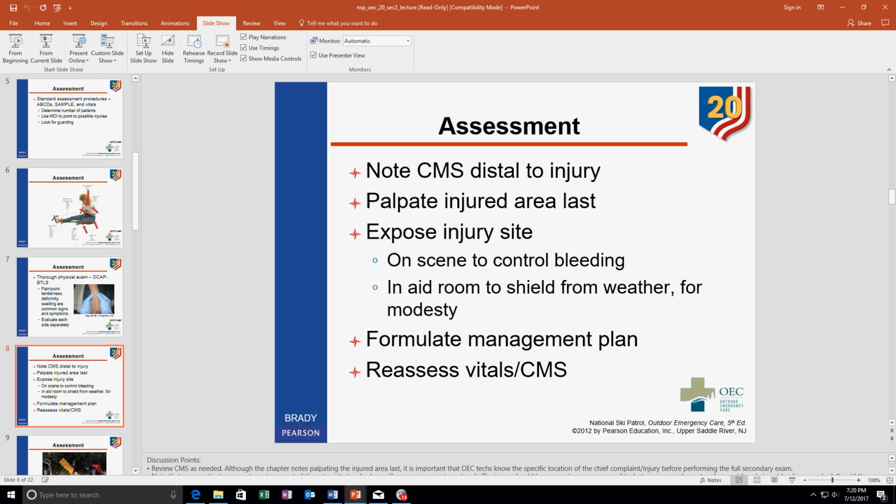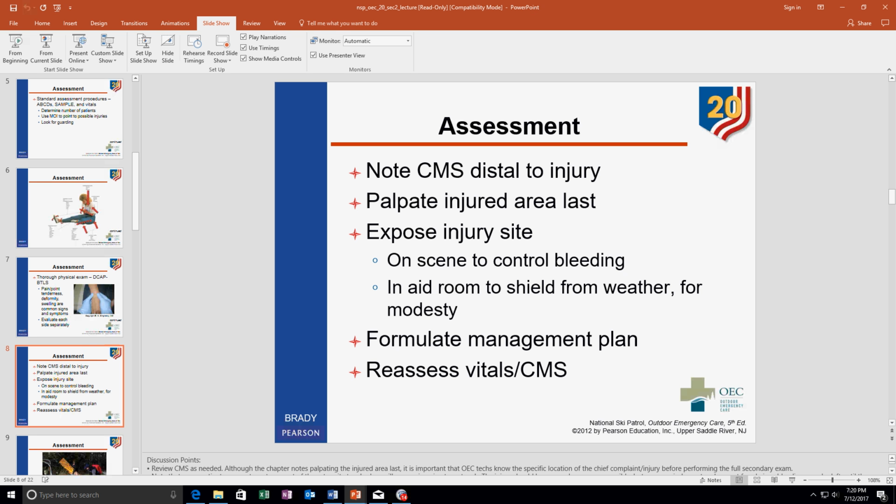Becky's got a good point there, is that you need to start getting into, not rote memorization, but getting used to doing your assessments, your vital signs, your treatment the same way all the time. It can be different by the patient, but you always check CMS, you always check the site. You do your initial assessment, you do a secondary assessment, and so on.